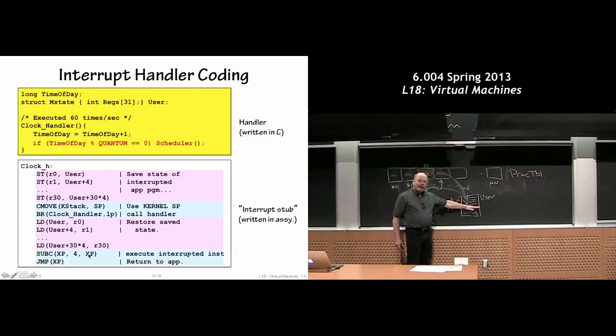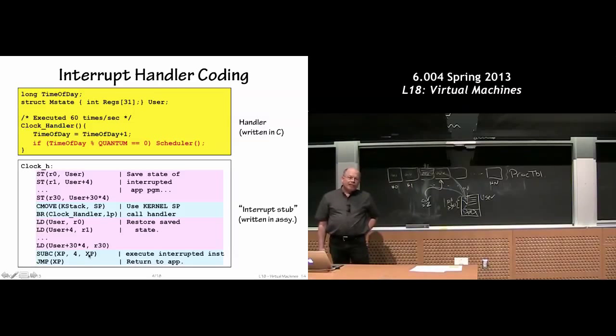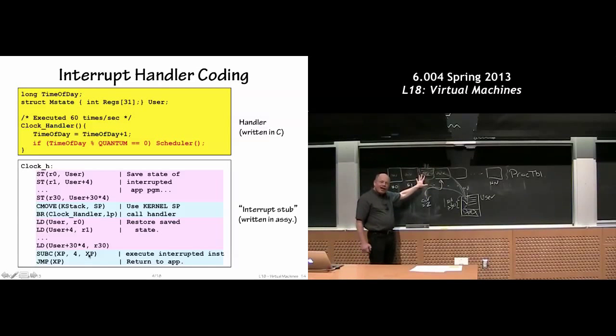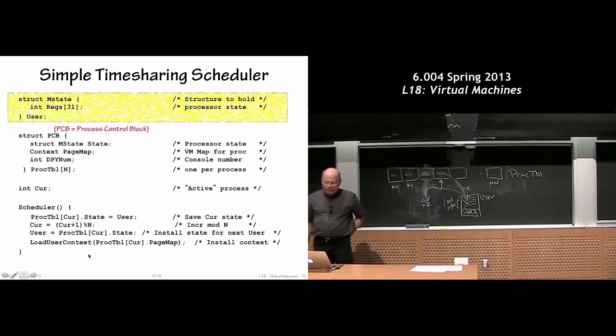So when I swapped the registers, one of the registers I swapped was the XP register. That makes sense? And so I'm actually returning to the saved PC from process 3, not the saved PC for process 2. So one of the advantages of putting the saved PC into one of the registers is that our register swapping automatically switches the PCs that we're returning to. Okay.